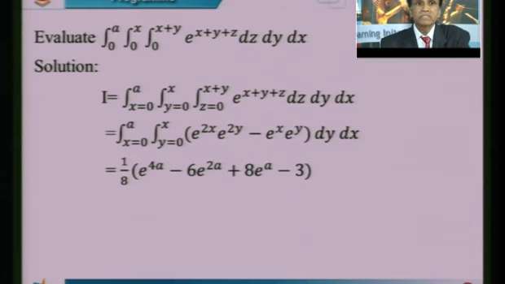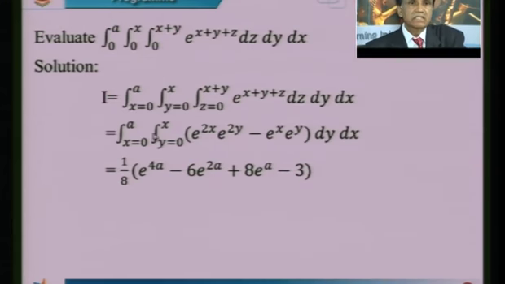Here z is over for the innermost integration, and then y is over, and finally 0 to a should be with respect to x. That means it is done here. e to the power x, e to the power y, e to the power z will act as a product, that is in the case of exponential, with the base and the powers x plus y plus z, all the three are constants.